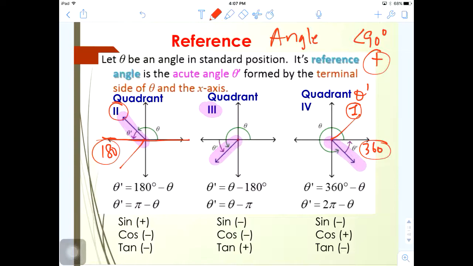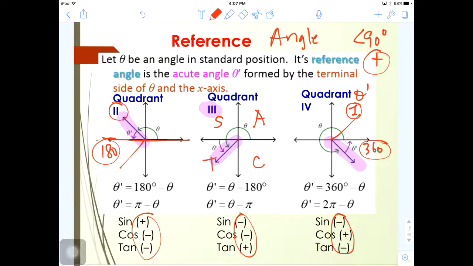And finally, the last thing we're going to need is, when the angle lands in different quadrants, we're going to refer to the sign using this acronym: All Students Take Calculus. We're going to use this to determine the sign, because it would be a lot of memorization to remember whether each sign is positive or negative.